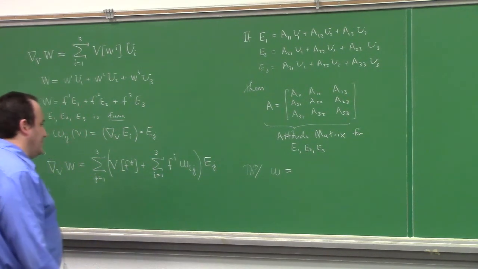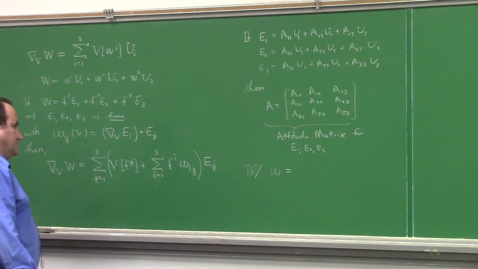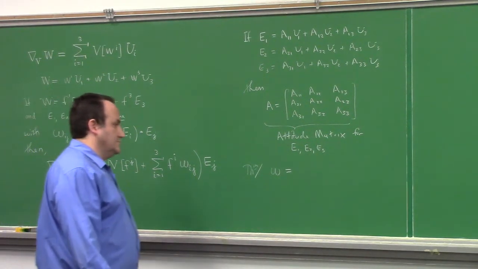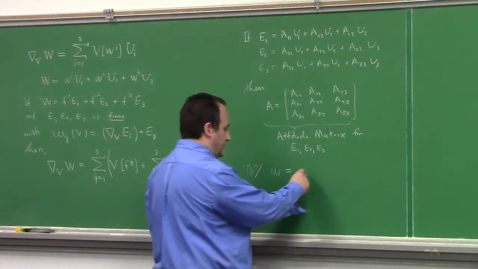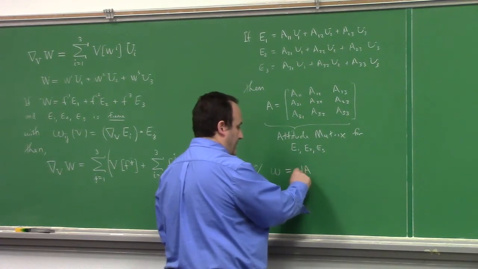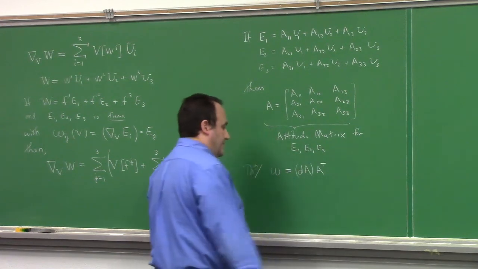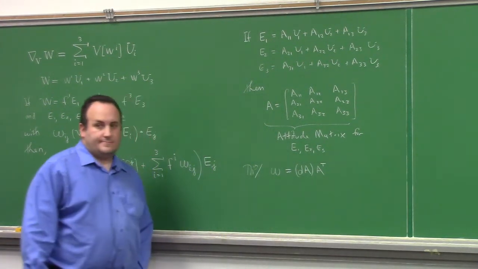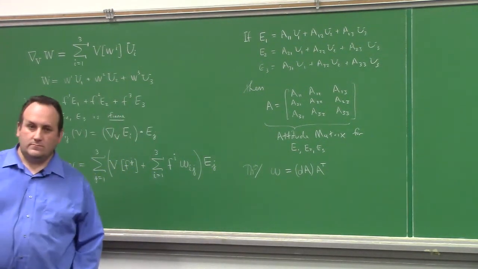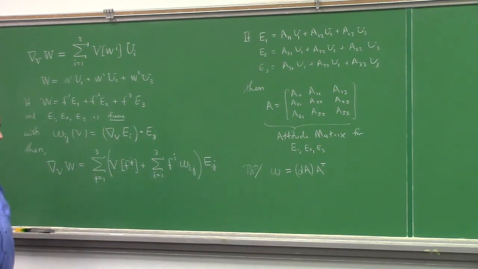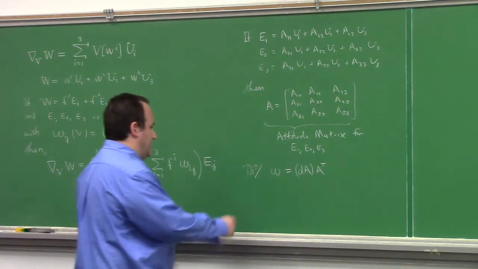So I'll remind you, what we had was dA times A transpose. Where did that come from? Do you guys remember the derivation of that? How did we derive this formula?